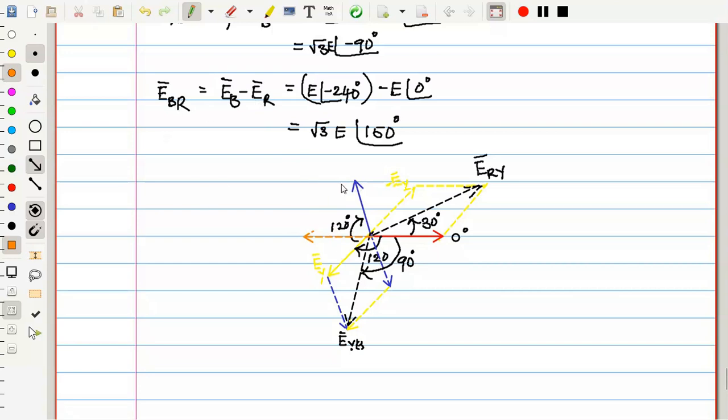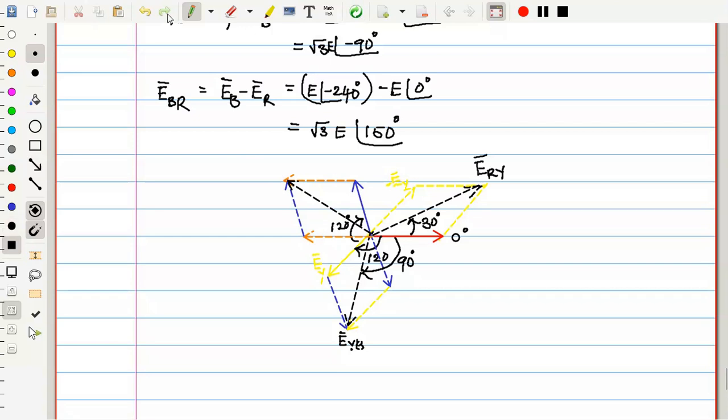So, yeah, this is minus ER. So take the parallelogram for this. This is parallel to the minus ER. Now this is parallel to EB. Then the diagonal of this parallelogram represents the resultant line voltage.